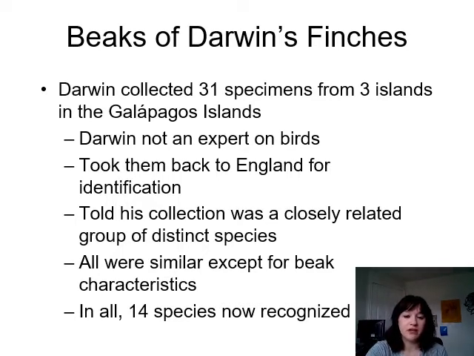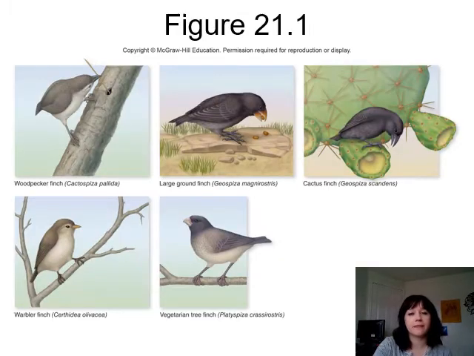And he found out, once he had colleagues look at these different birds, that they were in fact representing several different species. So he thought, well, they all look pretty similar to me. But in fact, there were several distinct species in his collection. And the main unique thing that differentiated these species was their beak shape.